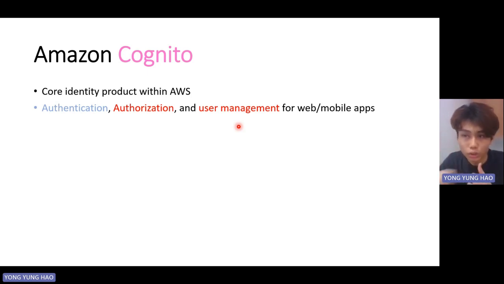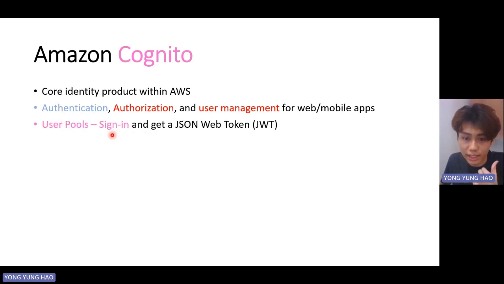The end goal of the user pool is to sign in and get a JSON web token. The JWT can be used for authentication with applications and certain AWS products like API Gateway. But we need to note that most AWS services do not actually support JWT.